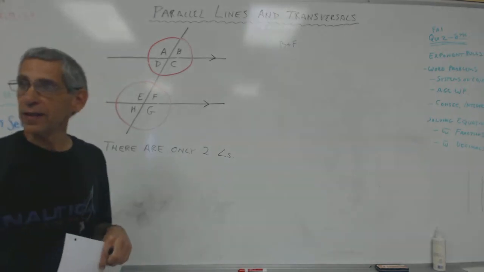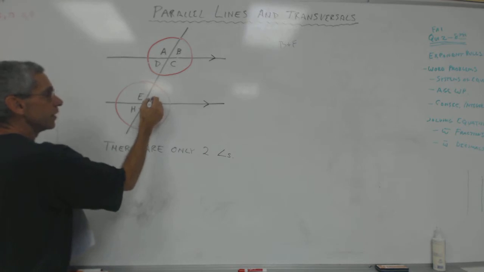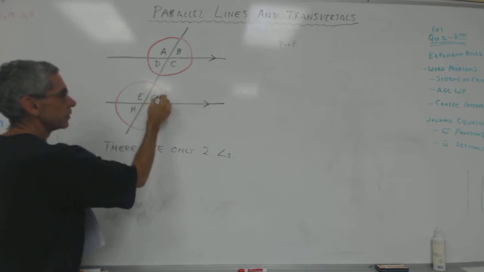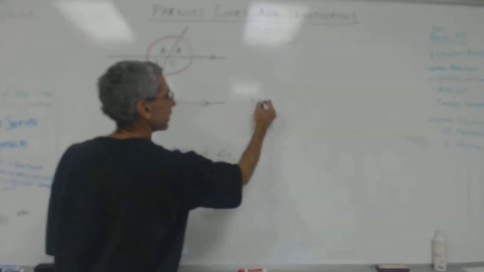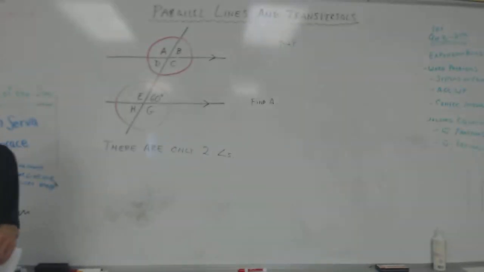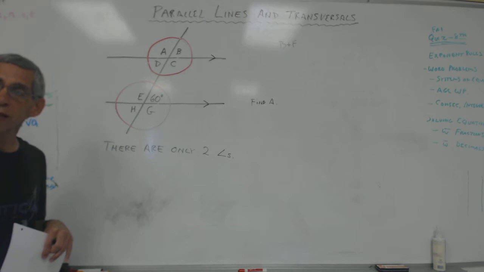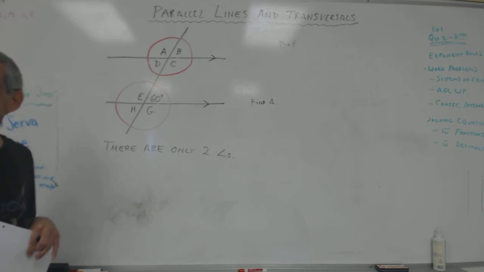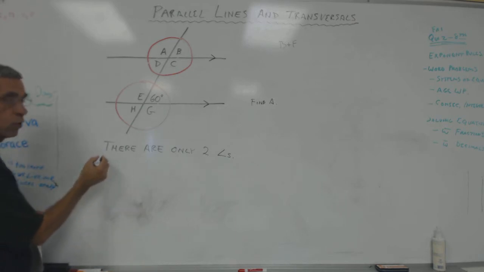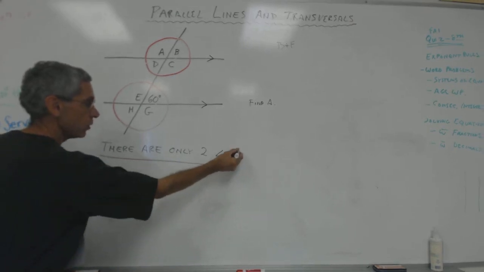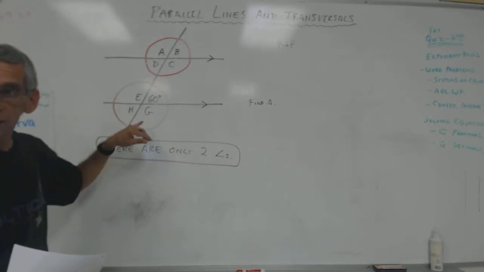So then the next part of the homework is going to be like this. It's going to say, this is 60 degrees. Find A. How do you know? There are only two angles, so 180 subtract 60.